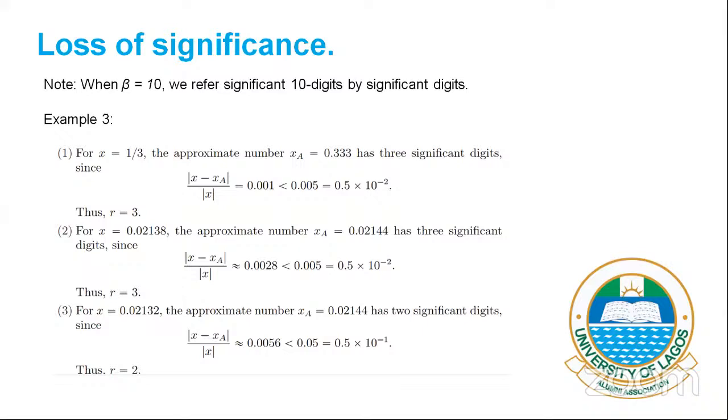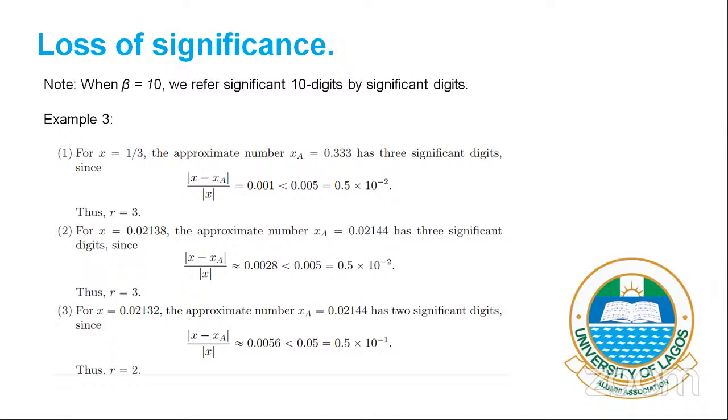It is not clear. Okay, like I was saying, we already have the formula, which is the actual minus the estimated all over the actual, with the less than or equal to sign, 1 over 2 beta to the power minus r plus 1. I call it beta because it's easier for me than pronouncing radix. If we use this formula to solve for what we have been given, we have the actual value, the estimated value, and r.